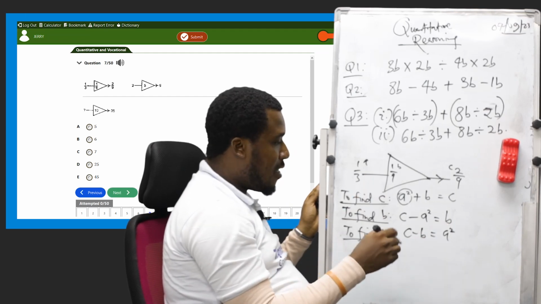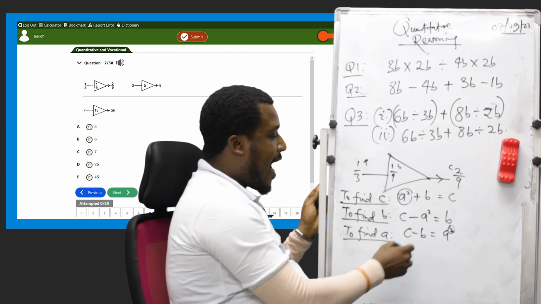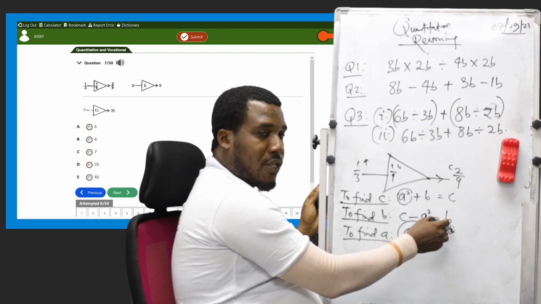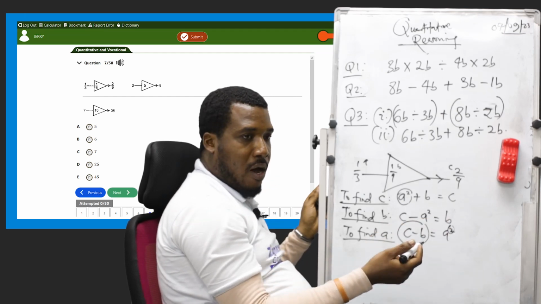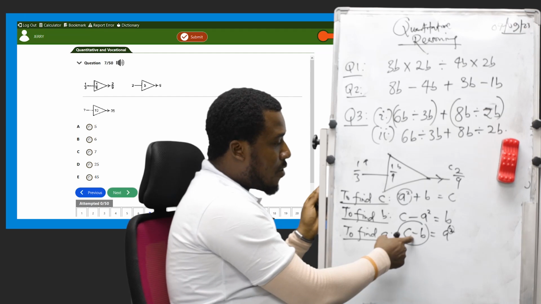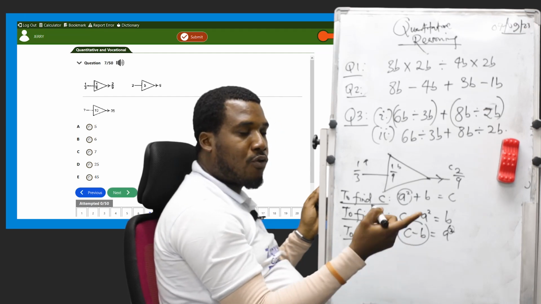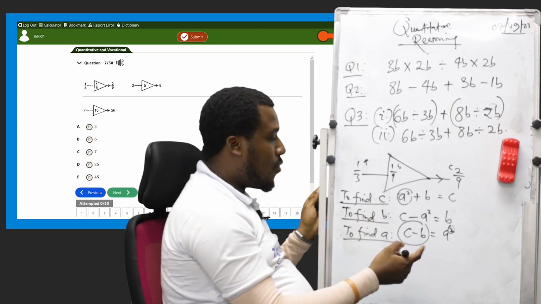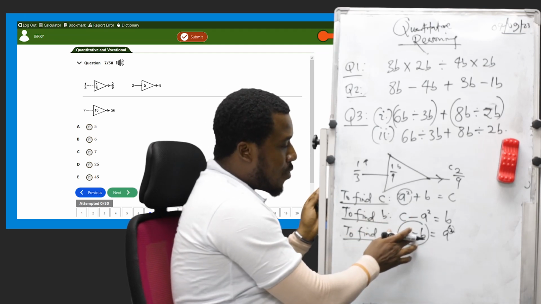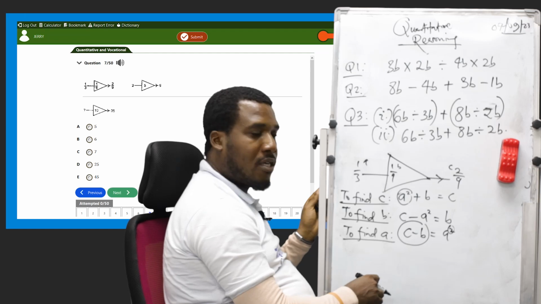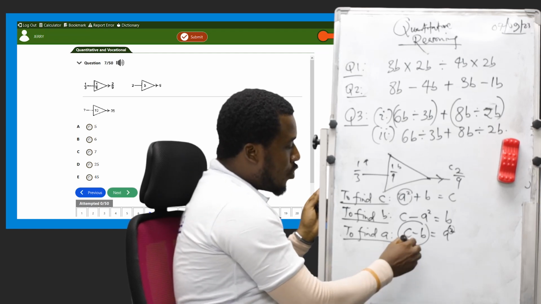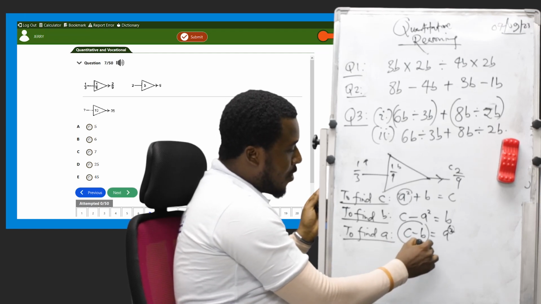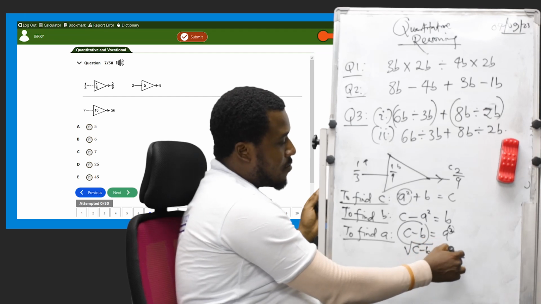But it's not finished. The most tricky part is this square. To get rid of the square, the opposite of square is square root. So everybody here will take square roots, and the square root will knock off this square. So the square root of C minus B will give us A.